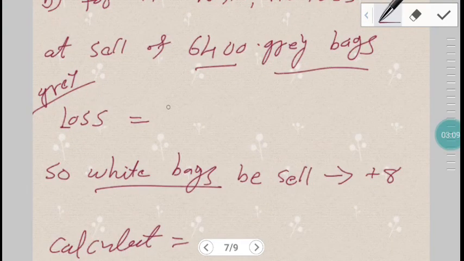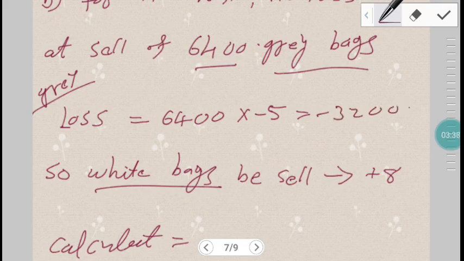So we can calculate that by 6400 multiplied by minus 5. That means they have to suffer a loss of minus 5 rupees per bag, and they have sold 6,400 bags, so they will lose 32,000 rupees.